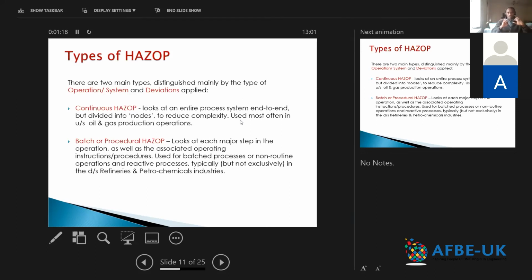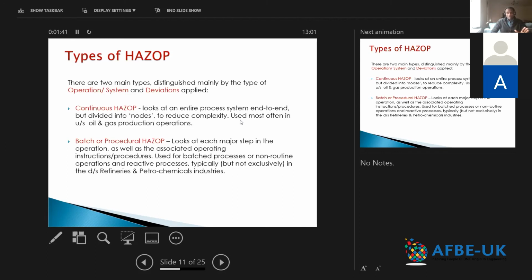So you're looking at those sorts of things, and in addition to the actual process that you're HAZOPing, you're also HAZOPing the procedure in terms of the steps that are being taken, and a lot of the human factors aspects of HAZOPs come into play during the batch or procedural HAZOPs.